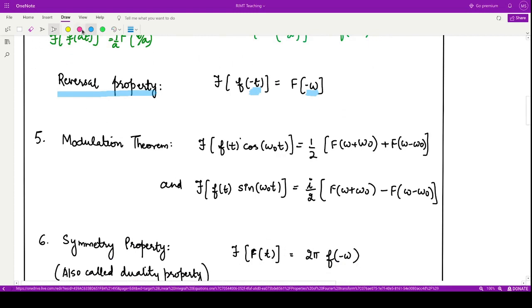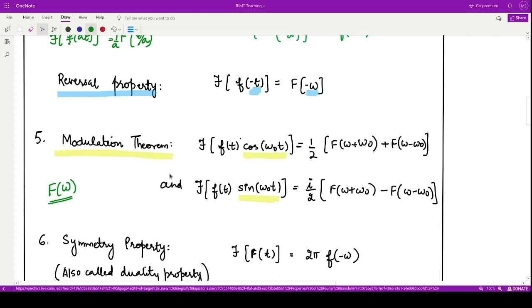Now what does it say? The modulation theorem says that whenever you are modulating, that means whenever you are multiplying either by the cos term or by the sine term, your function would be changed like this. So you do not have to calculate this whole thing again. Whatever is the Fourier transform of this function f of t, which was F of omega, you just do manipulations on this function.